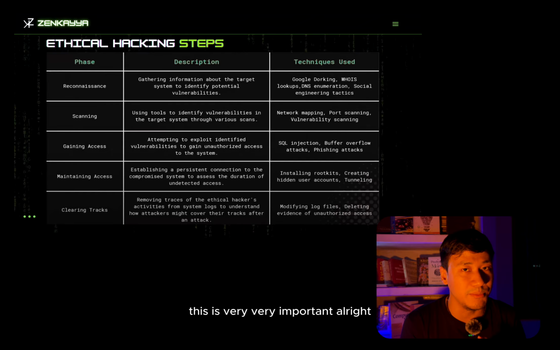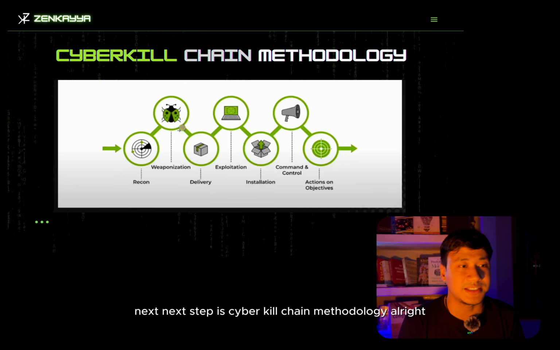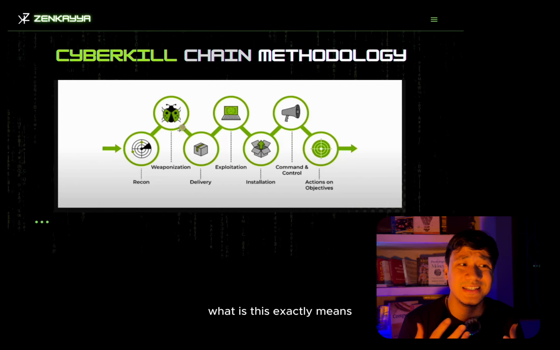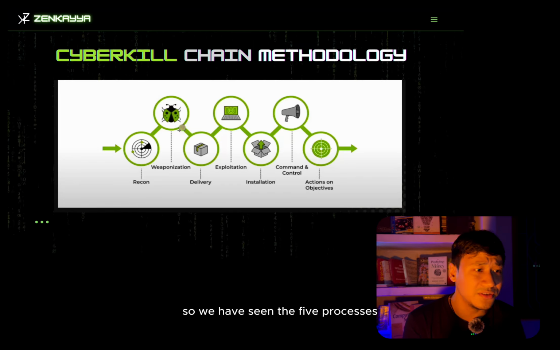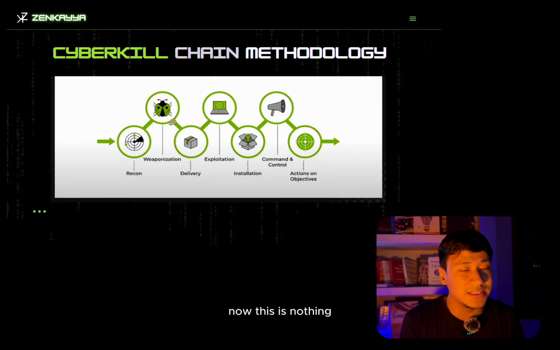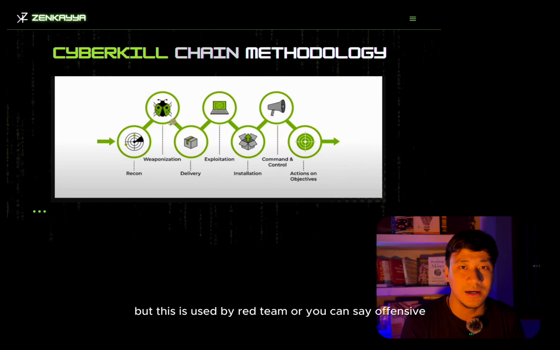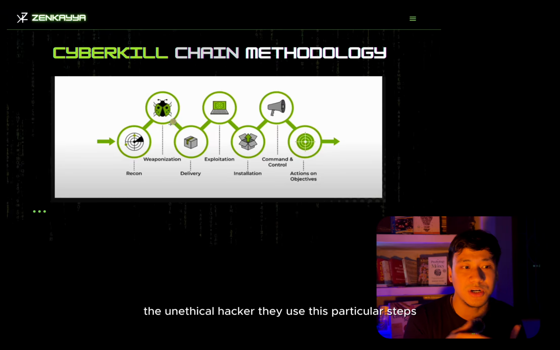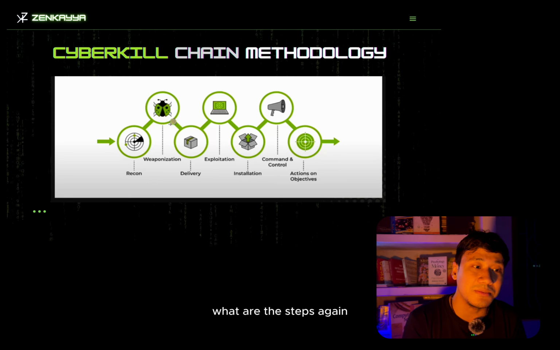This is very important. The next step is the cyber kill chain methodology. What exactly does this mean? We have seen the 5 processes, and now you'll ask me, what is this again? This is used by the red team, or you can say offensive, the unethical hackers.